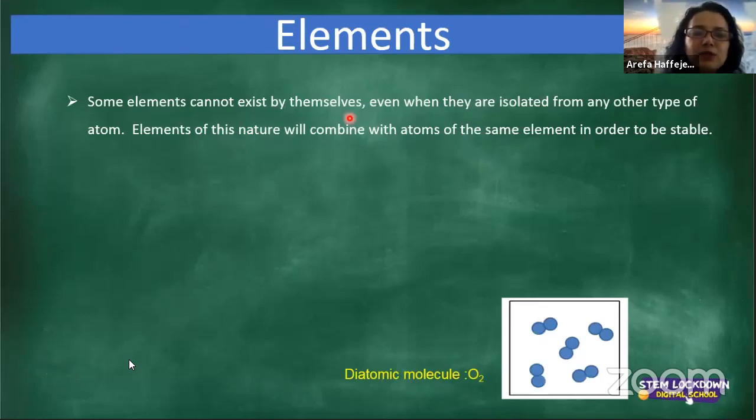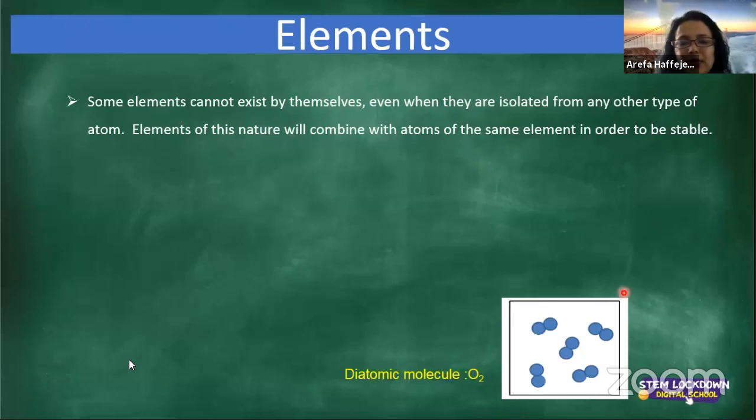So elements also, or not all of them, just some of them, cannot exist by themselves, even when they are isolated from any other type of atom. So elements of this nature will combine with atoms of the same element in order to be stable.